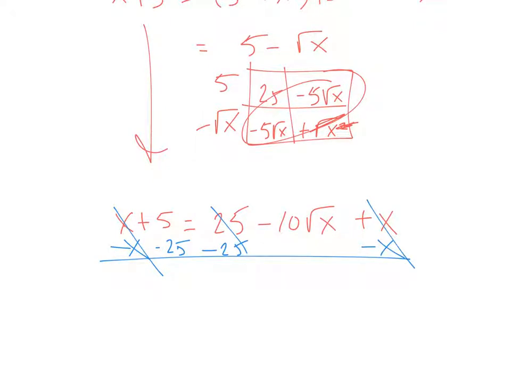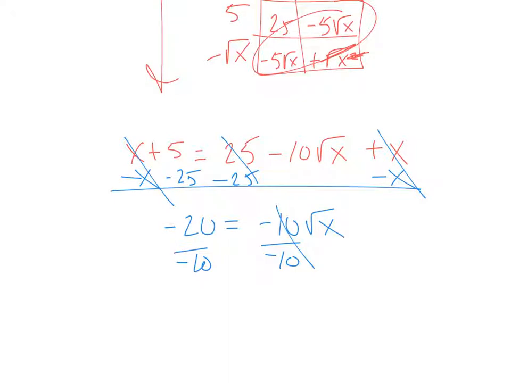That'll get you a negative 20 on this side equals negative 10 square root of x. Divide by negative 10. Those cancel. You end up getting a positive 2 equals the square root of x. I can square both sides now and get 4 equals just x. I will check my answer in the original equation, and this answer does work.